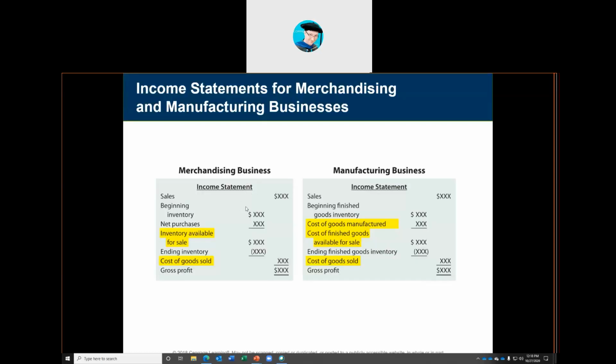Beginning finished goods inventory plus cost of goods manufactured equals the cost of goods available for sale, minus our ending inventory, which gets us to our cost of goods sold.